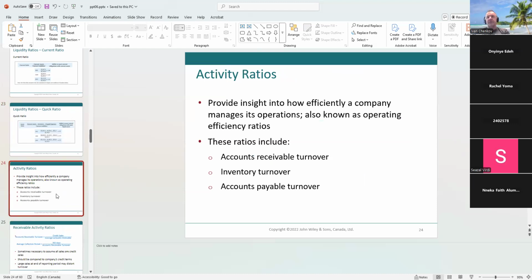Activity ratios are the ratios that I'm going to test you on next time, and I told you that I want you to know those activity ratios very well. We have accounts receivable turnover, inventory turnover, and accounts payable turnover. Again, let's go one after another.